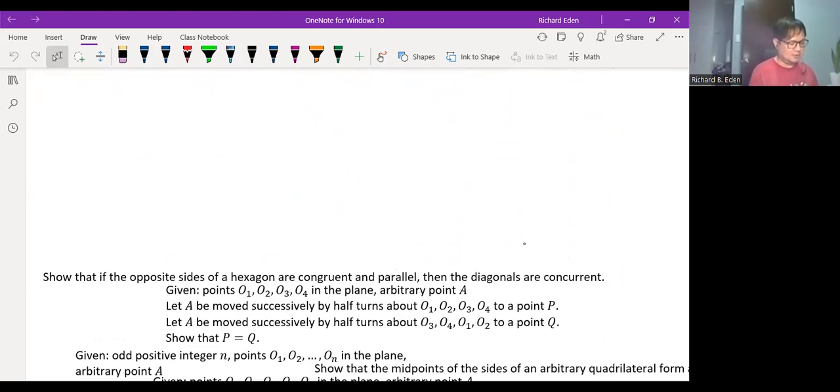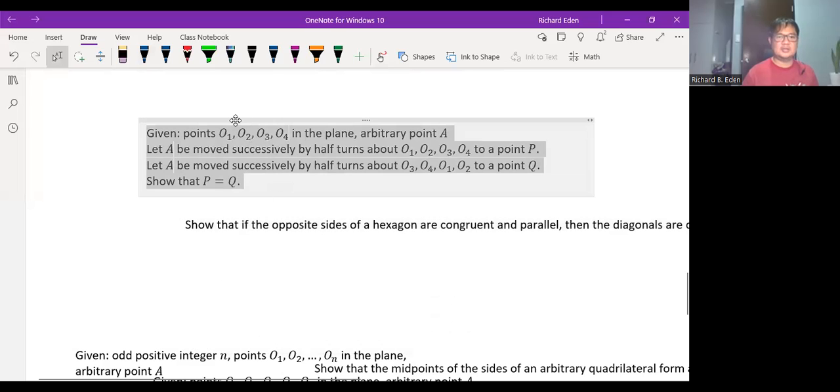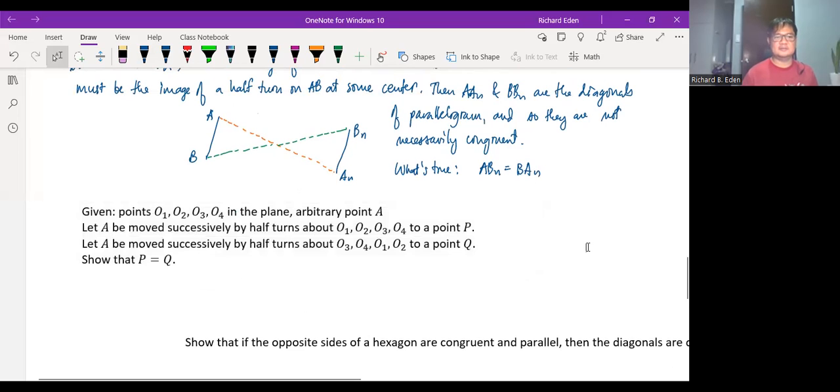Wait, looking at my list. Oh no. And for the next week. So actually, I'd like you to try this out on your own. It's not a right-sided polygon.